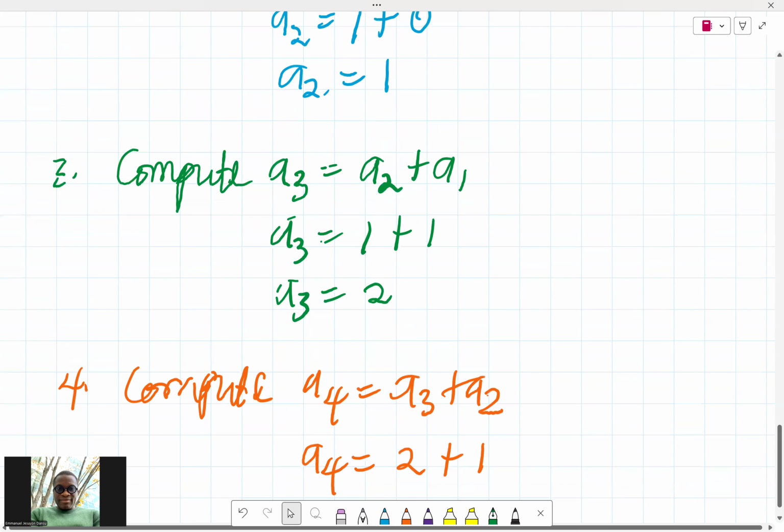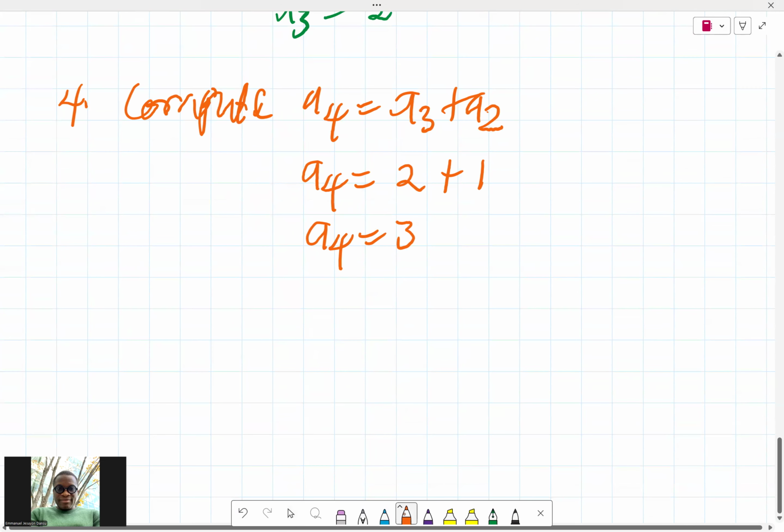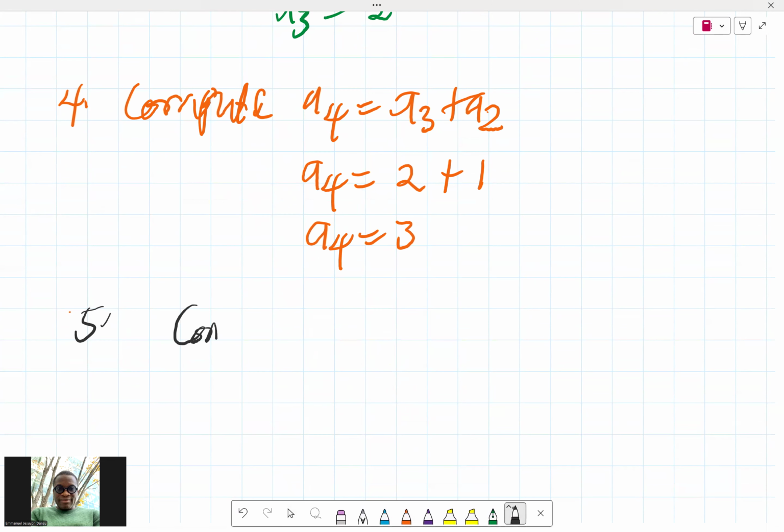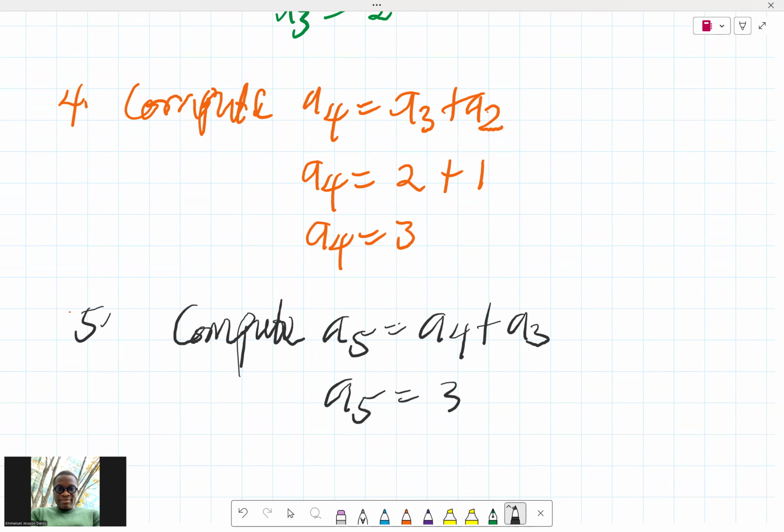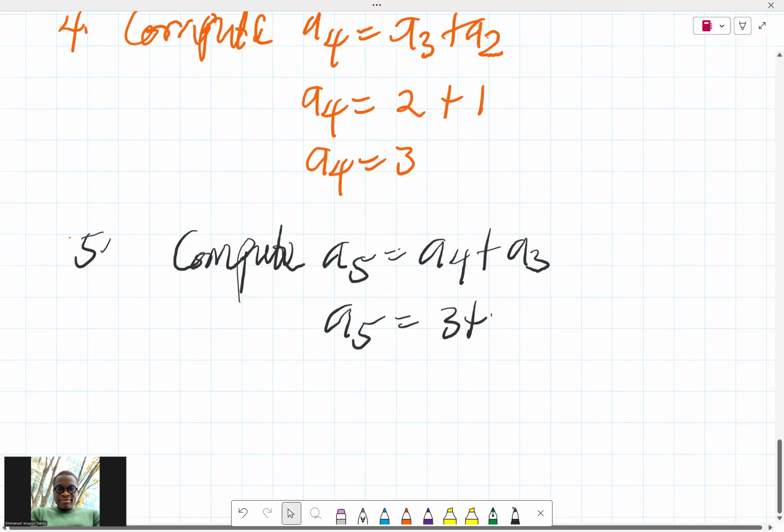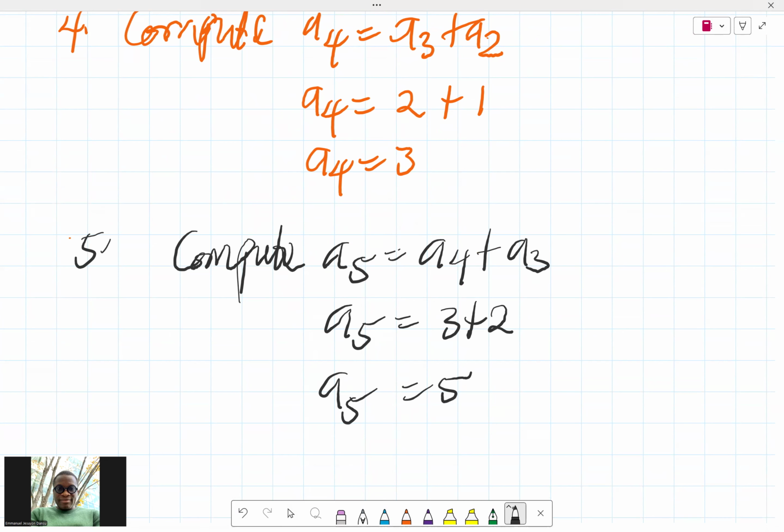That's 5 terms. Next we compute a5, which is actually the 6th term. a5 is a4 plus a3. a4 is 3, a3 is 2, so a5 is actually 5. We can go to a6 and keep going like that.